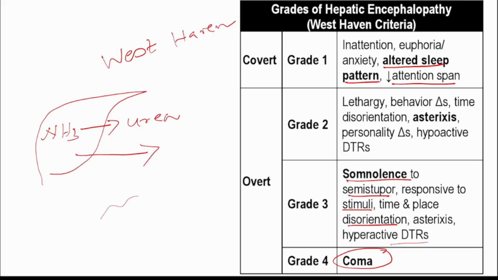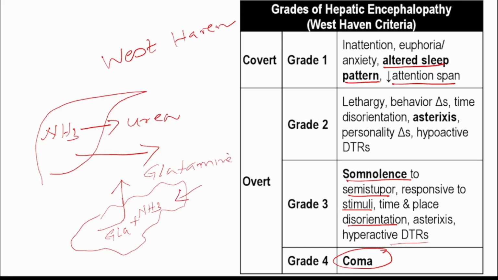This reaches the brain, and the astrocytes take it up, and glutamate plus ammonia converts to glutamine. Glutamine is osmotically active and attracts water, and this will lead to an increase in intracranial pressure.